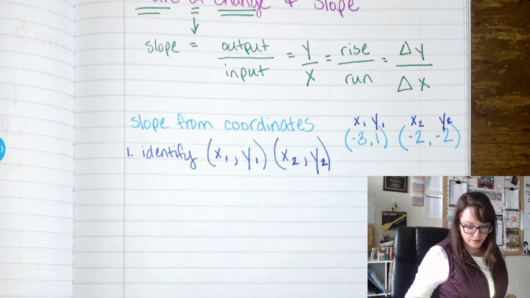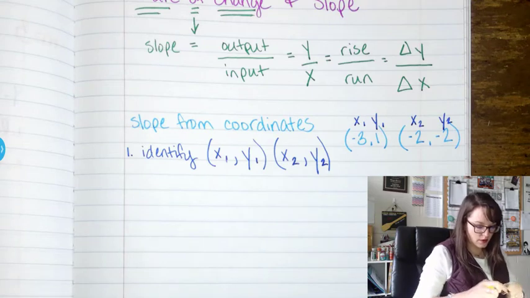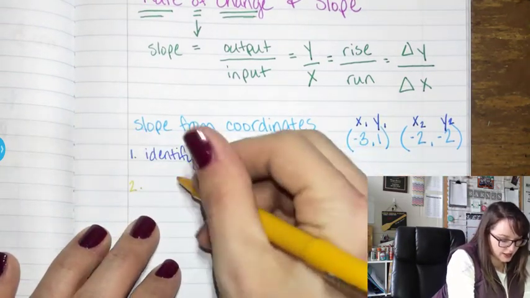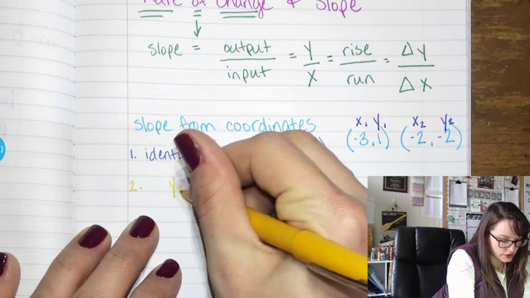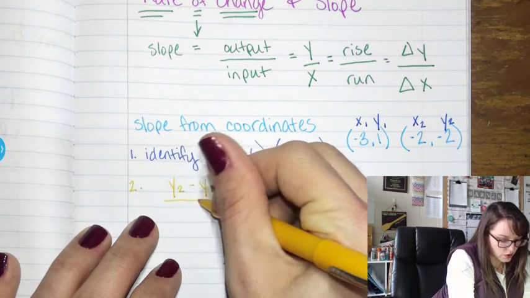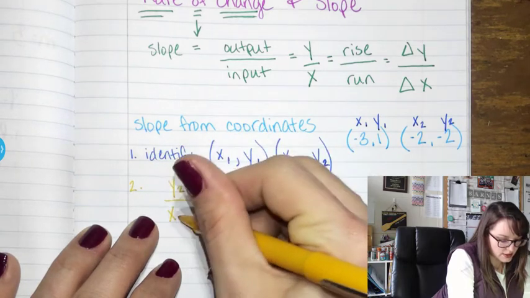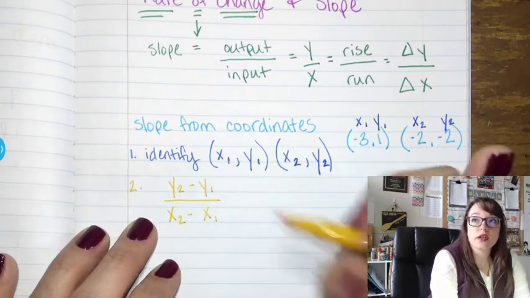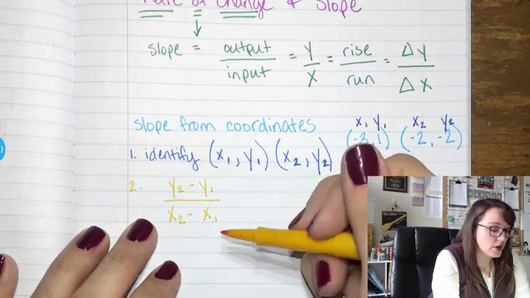Step 2. Your formula is y2 minus y1 over x2 minus x1. Change in y over change in x.